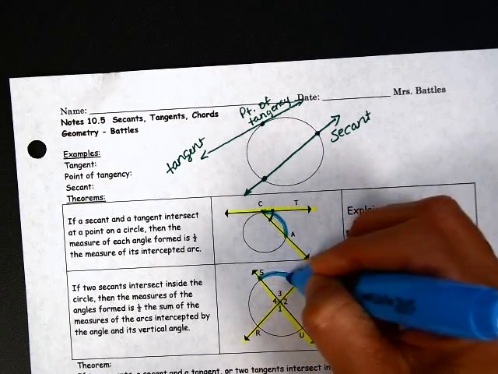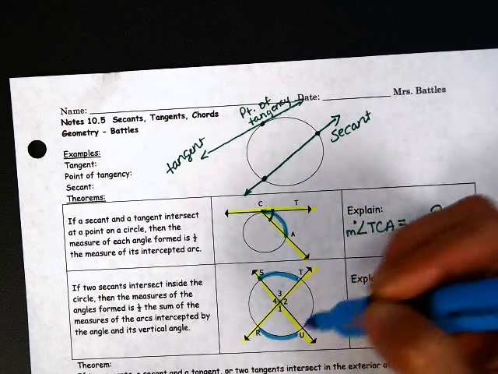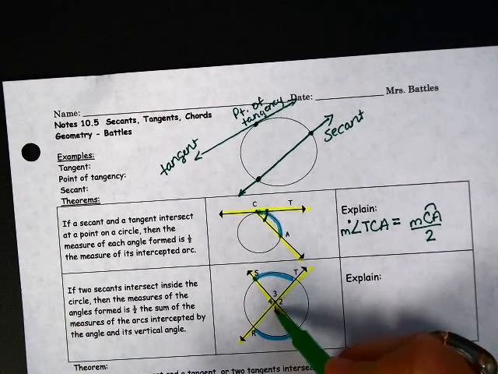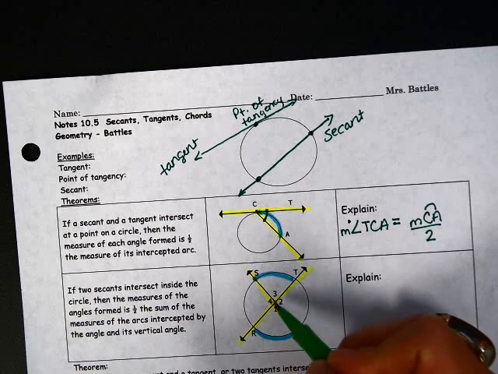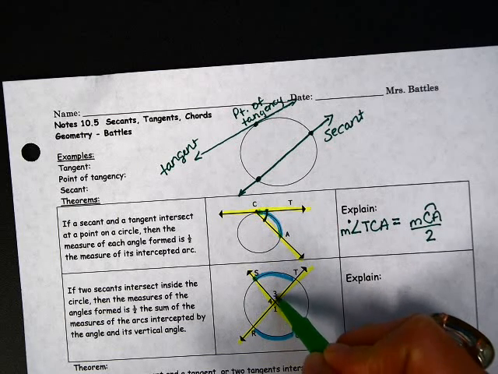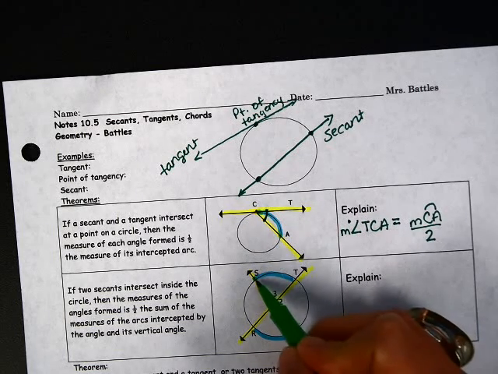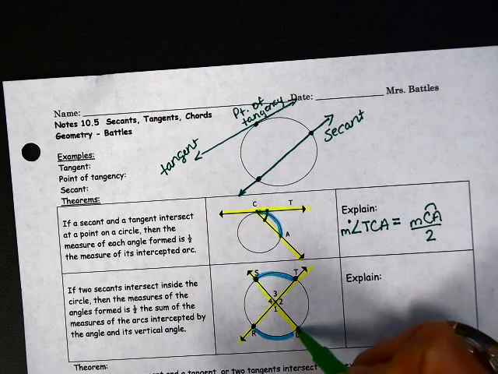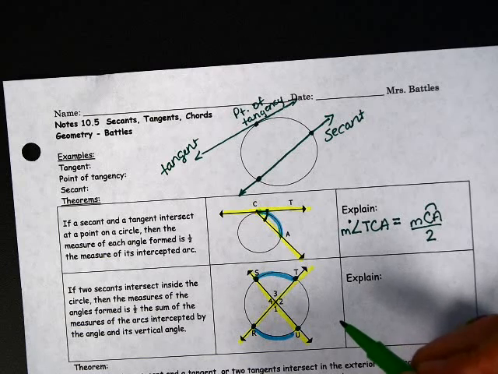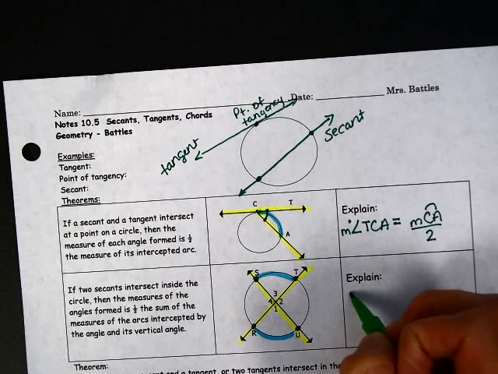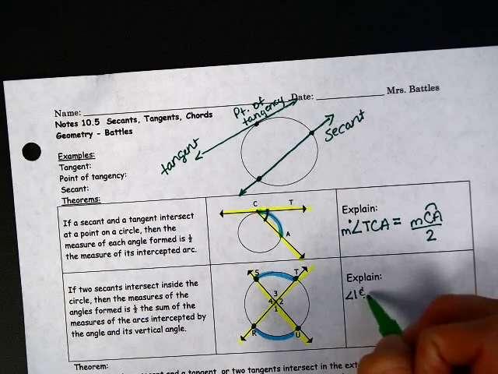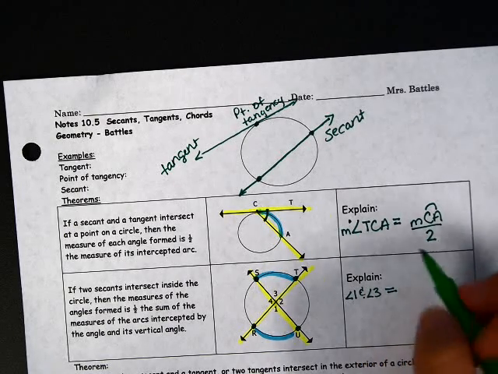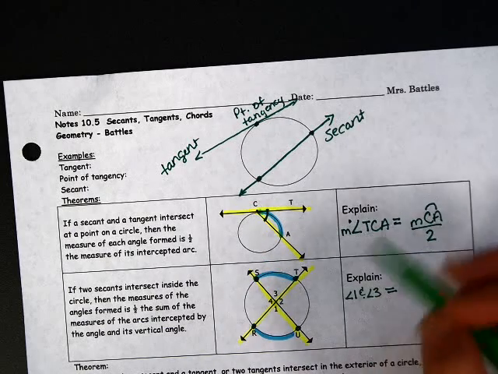Okay, in reading that, you might just be going, what is that saying? Let's focus on angles 1 and 3. These are vertical angles. And if you notice, the arcs that have been intercepted across from these angles are ST and RU. All right, so what we're saying is that angle 1 and angle 3, their measures are equal to the sum of these two arcs.